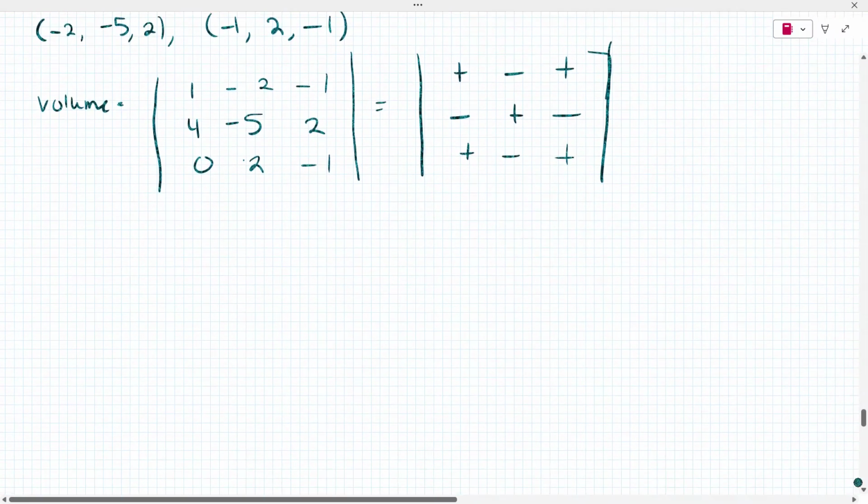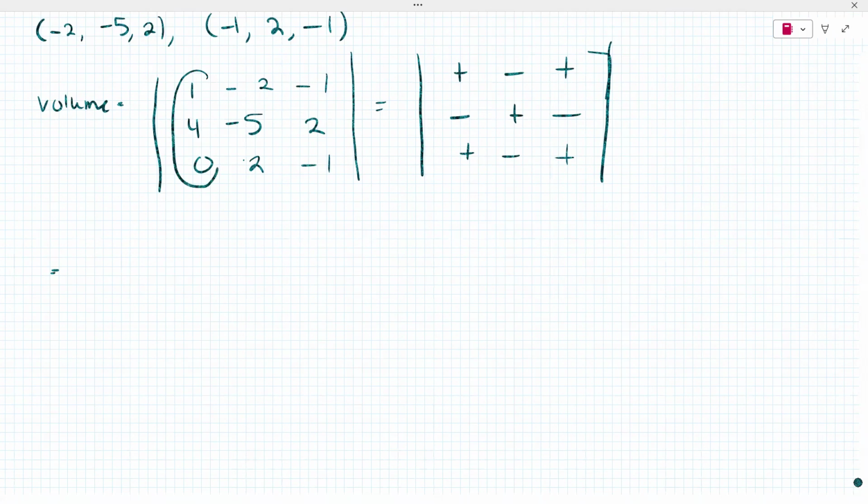Okay, let's do this carefully. Maybe I'll use this row because it has a 0. Anything with a 0 is good because you can just forget about it. This one has a positive cofactor, so it's going to be +1.